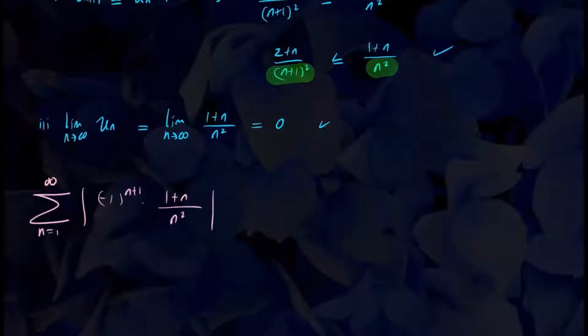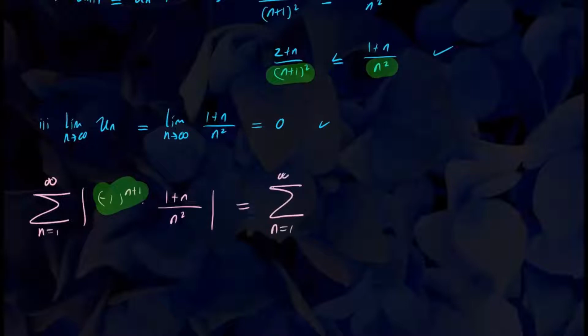When you throw in the absolute value in the terms of your series, the (-1) factor is going to disappear. So we're really looking at the series, n from 1 to infinity of the absolute value of (1 plus n) over n squared.